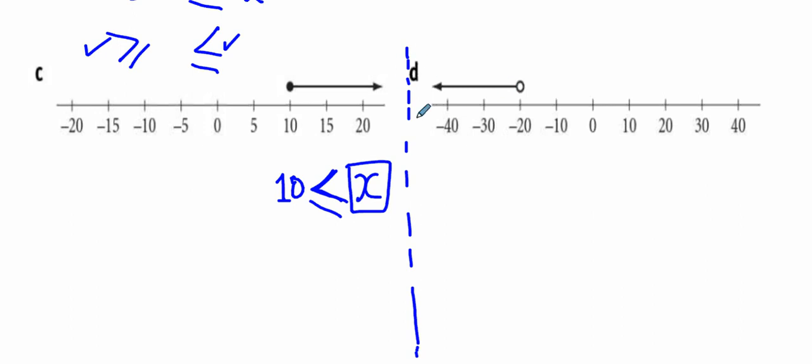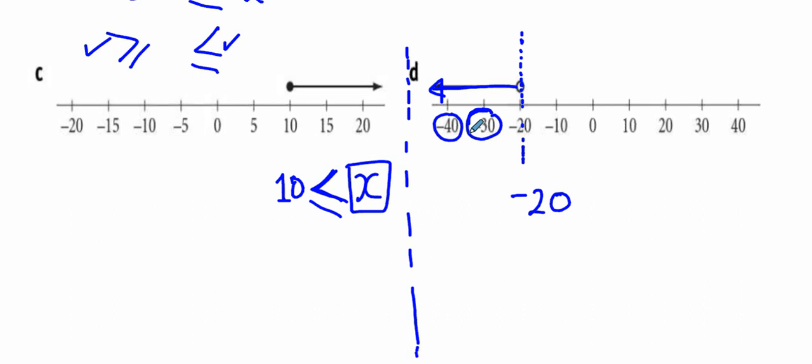Okay, come on to this question part D. We can notice that the number line or the arrow begins with -20. Now it is beginning with the -20 and proceeds to the left hand side, occupying numbers like -30, -40, -50, -60, -70, and so on. So what does it mean?